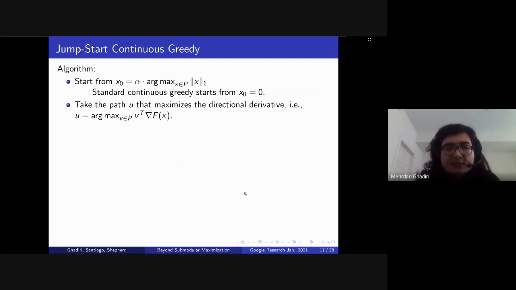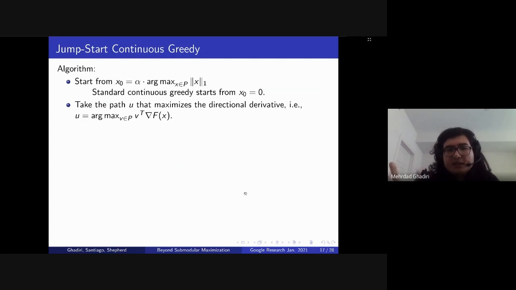Basically, the algorithm starts from some non-zero point, and we pick the non-zero point as some constant fraction of the longest vector in our polytope. Let's say I have a downwards closed polytope, and I'm trying to solve the problem for it.